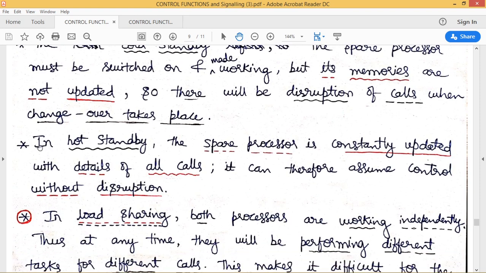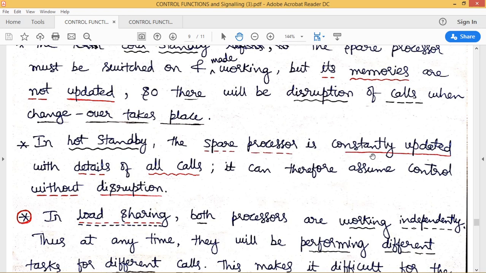On the other hand, in hot standby, the spare processor is constantly updated. The second processor will be updating what the first processor is doing right now, so all the information about the calls handled by the first processor will be available with the second processor.